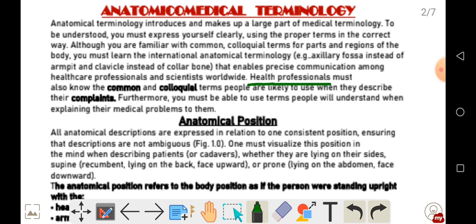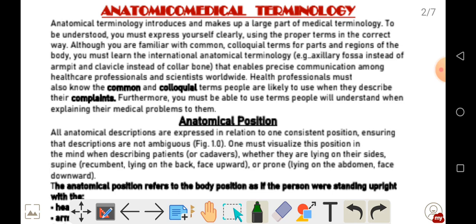Health professionals must also know the common and colloquial terms that people are likely to use when they describe their complaints. As a professional, you are supposed to know the colloquial terms that our patients are likely to use when they come to the hospital presenting their complaints.